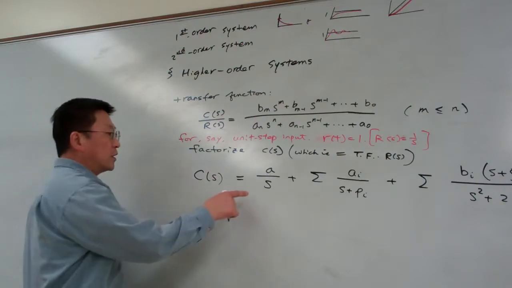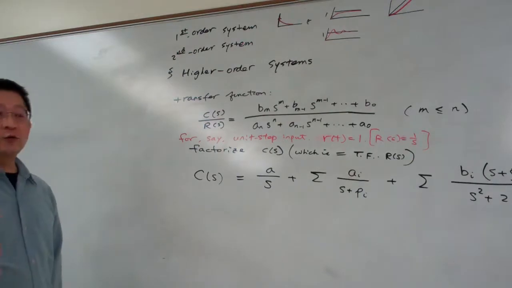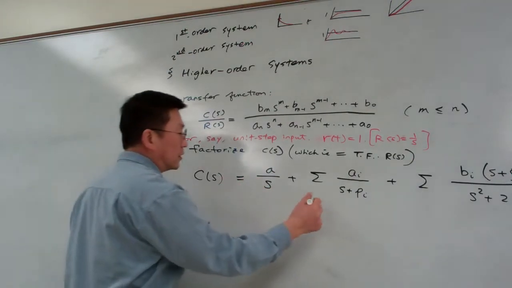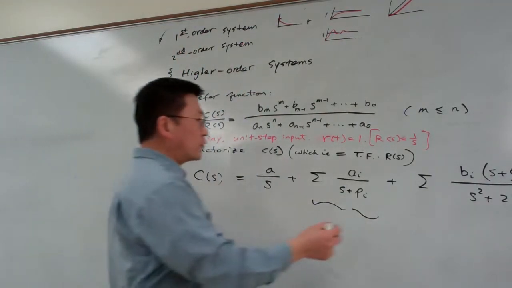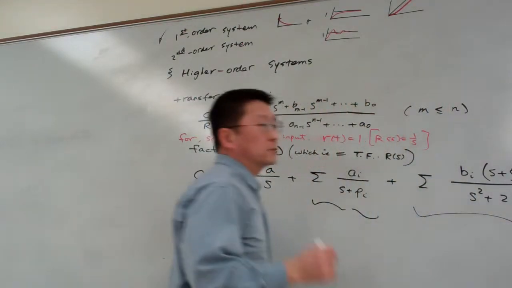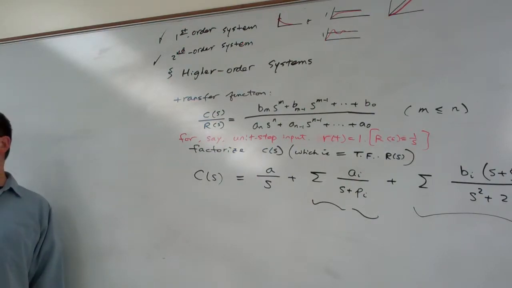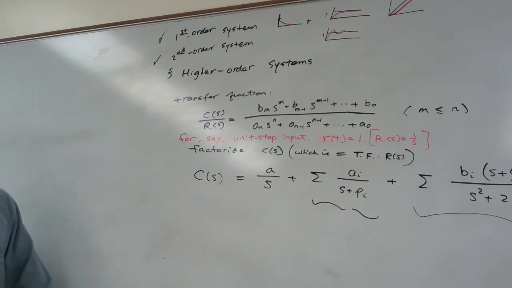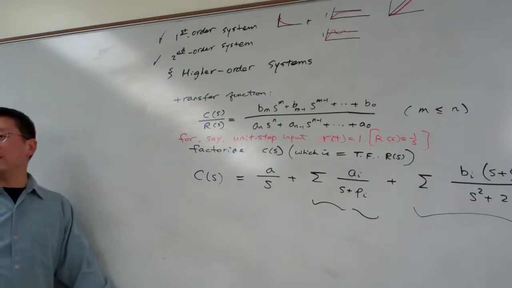Hopefully we factorize the things onto the basis we have known. This one corresponds to a constant term. This one corresponds to our first order systems. And factorizing to this form is to fit into our knowledge of the second order systems. So we do nothing more but try our best to factorize and build it into the template we already know well. That's the key. And how can we try our best?